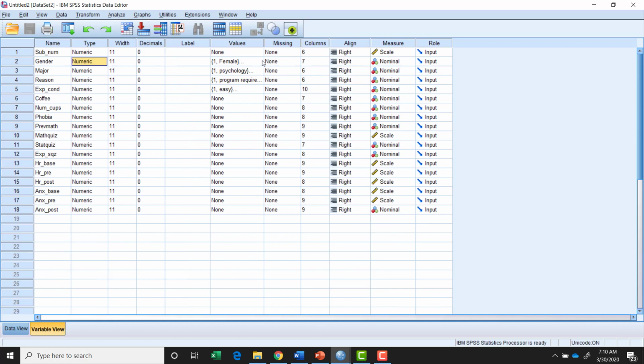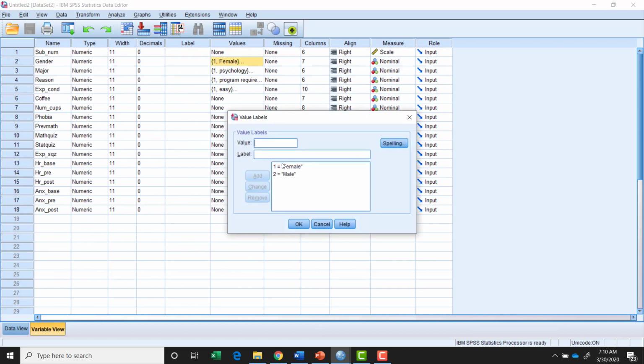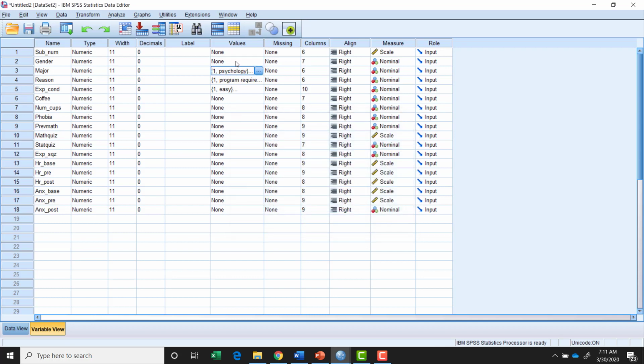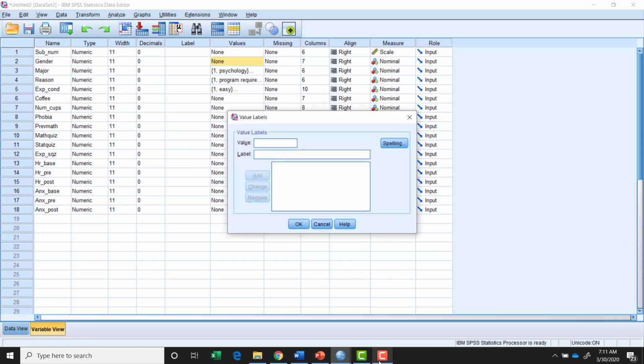So let's go to gender. Now we click on the values and we can see that we actually have a coding here. We've coded 1 as female and 2 as male. So let's actually remove that and click OK. So let's now do it from scratch, and let's go back again.